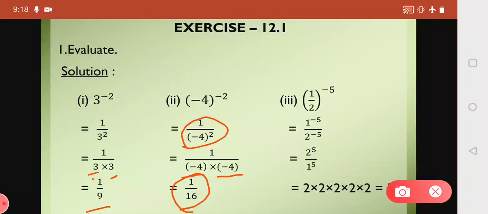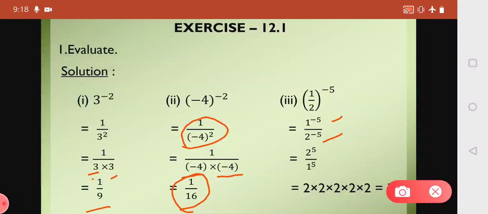Next, question number 3, 1 upon 2 whole raised to minus 5. Again, first we apply the law, that is a upon b whole raised to m equal to a raised to m upon b raised to m. So we first split the power into numerator and denominator, that is equal to 1 raised to minus 5 upon 2 raised to minus 5.